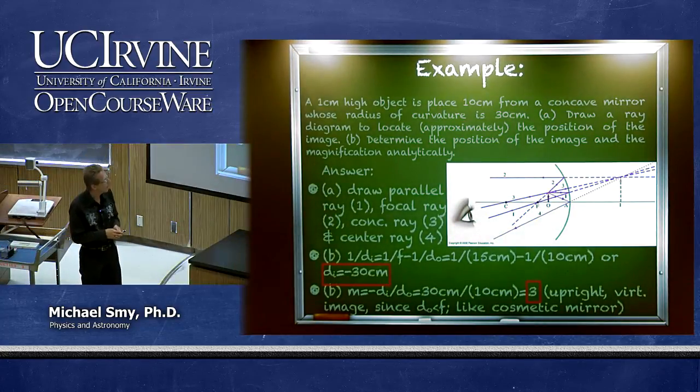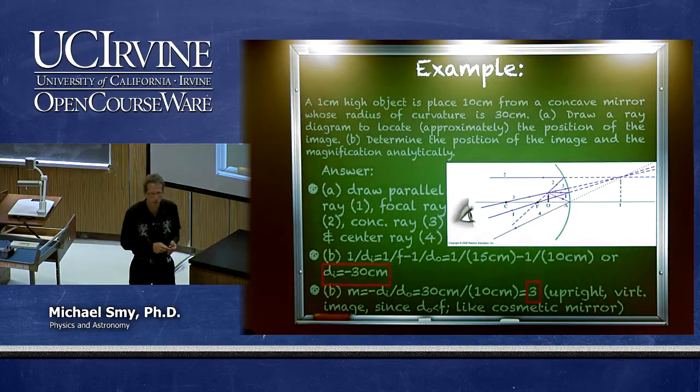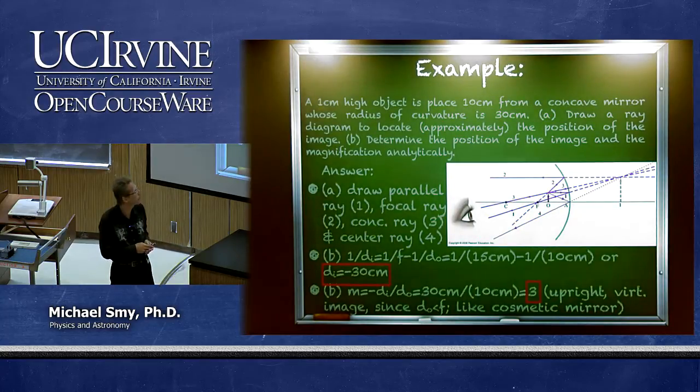Coming back to this example, this is made use of for cosmetic mirrors or shaving mirrors. The reason is that you want some magnification to see yourself better in a magnified view.